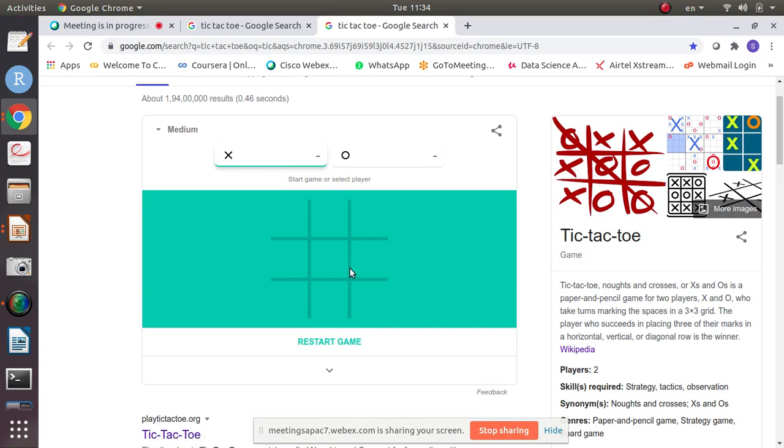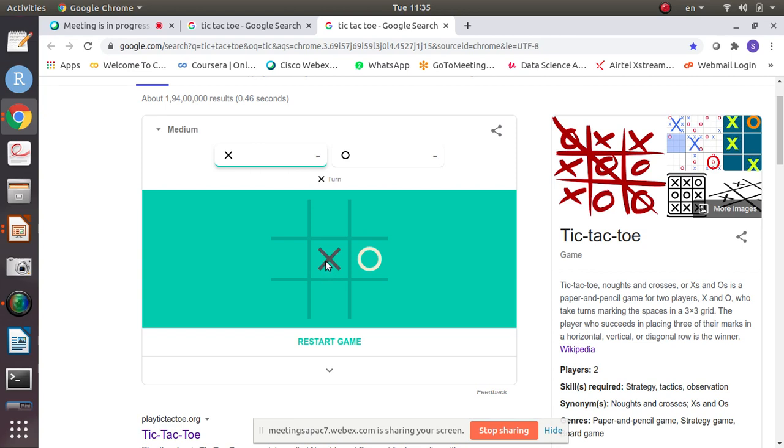Yeah, this is our 3 by 3 board, tic tac toe, and here I have selected cross as my symbol, and my opponent is the computer. It is playing with an O, and it says the player is supposed to start the game. So let me start by clicking this cell.